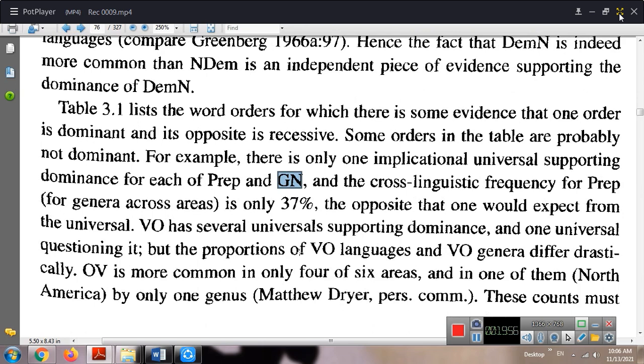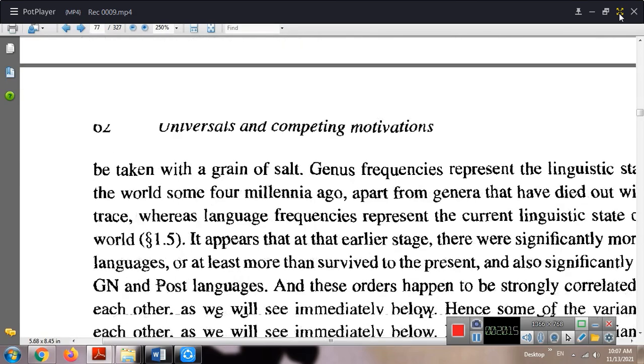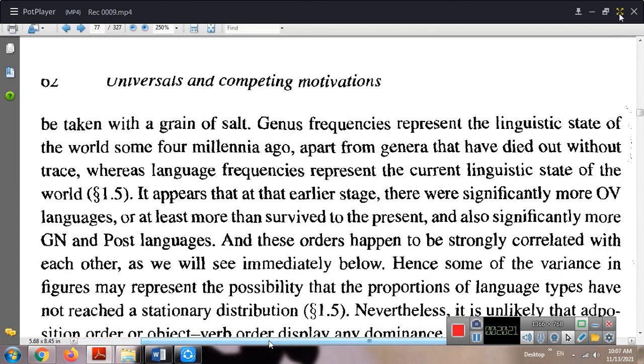But the proportions of verb-object languages and verb-object genera differ drastically. Object-verb is more common in only 4 of 6 areas, and in one of them, North America, by only 1 genus. These counts must be taken with a grain of salt. Genus frequencies represent the linguistic state of the world some 4 millennia ago, apart from genera that have died out without trace, whereas language frequencies represent the current linguistic state of the world.